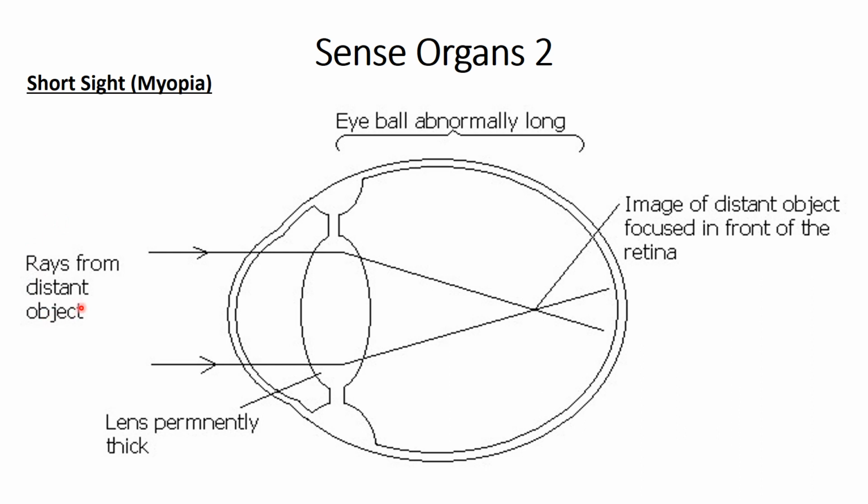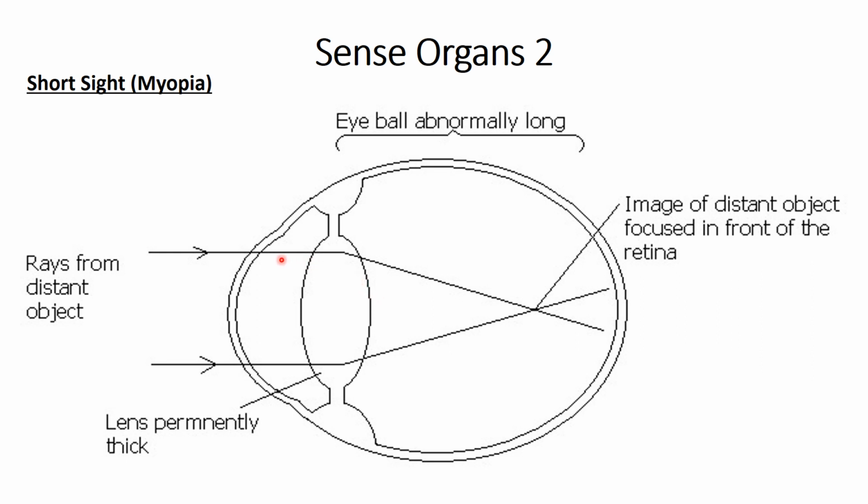When rays come from an object that is very far, remember they are parallel, they are focused here instead of on the retina. Because of this, the individual won't be able to see the image clearly.